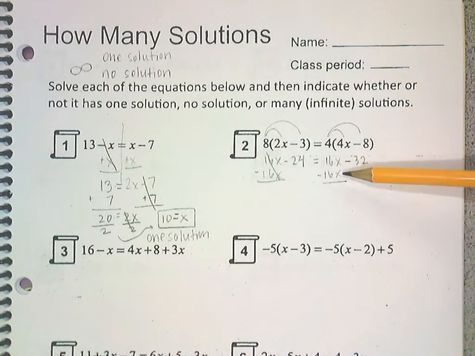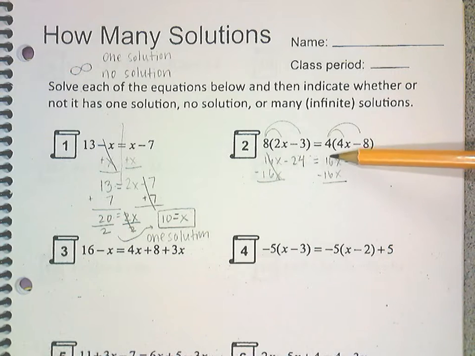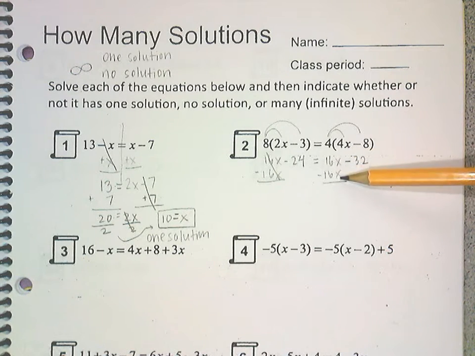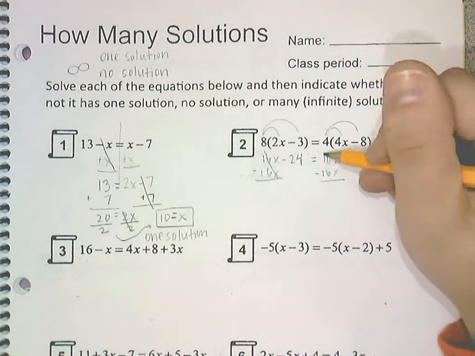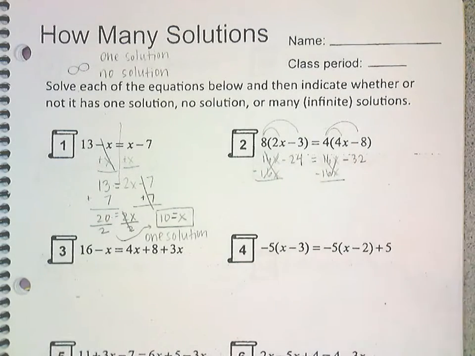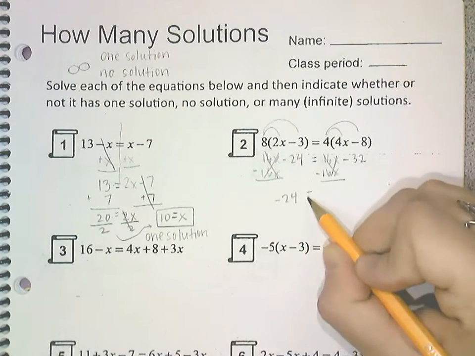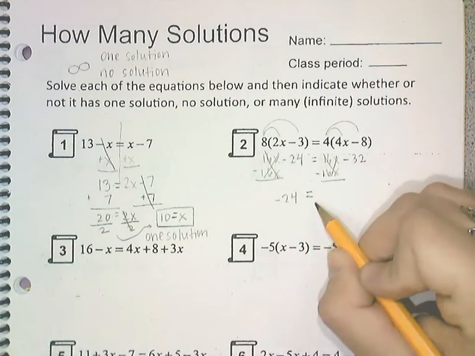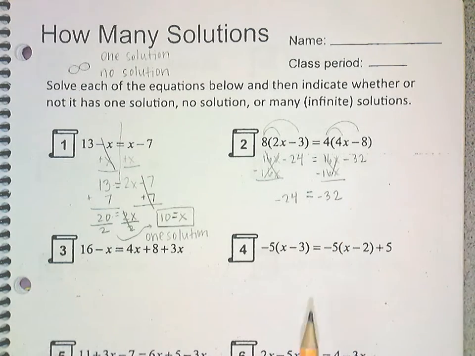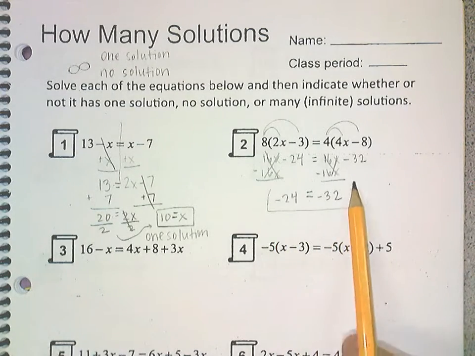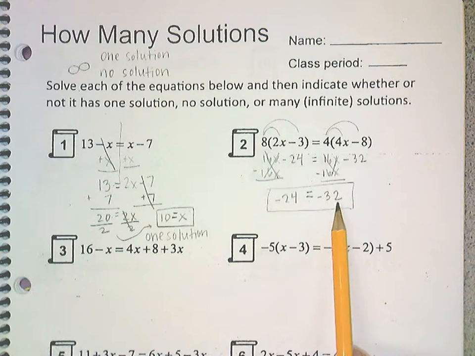Then on this side, 16x minus 16x is also 0. So the variable, the x, is now gone. So now we have on one side, negative 24 is all that's left, and on the other side, negative 32. So this would be our answer. Negative 24 equals negative 32.